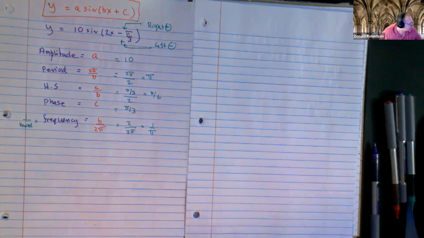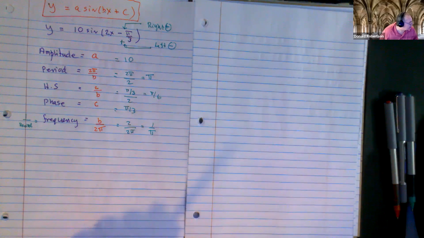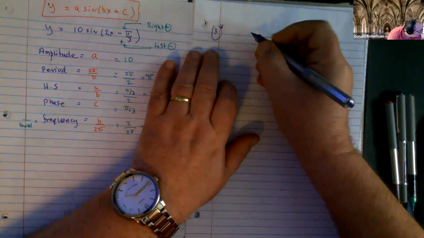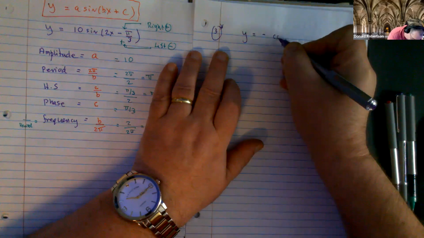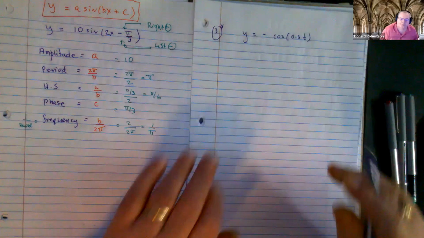Okay, let me try another one. How about question 3? So it's going to be y equals negative the cosine of 0.3t. Okay.